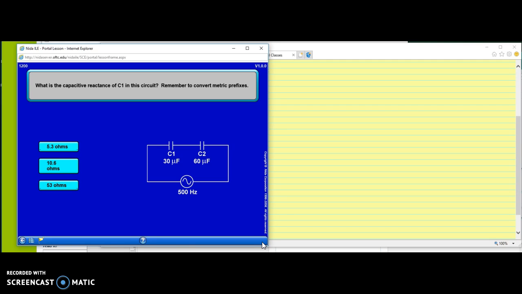All right, so we got our first one here. And again, with NIDA, always be careful to look at the question, because a lot of people will automatically assume that we're asking overall capacitive reactance, which would mean doing the formula for these two and then running the X of C formula, the 2 pi F C over 1.